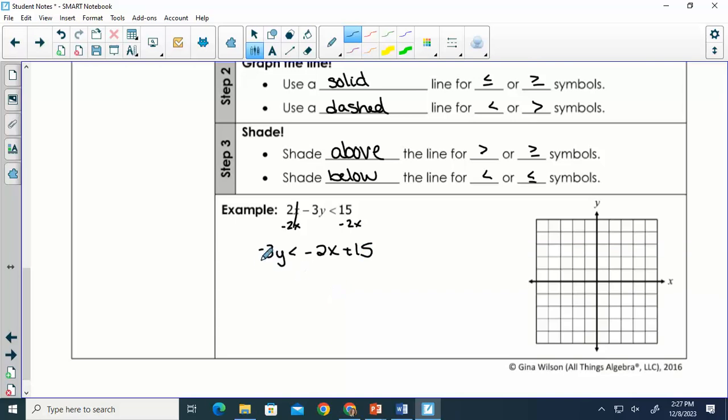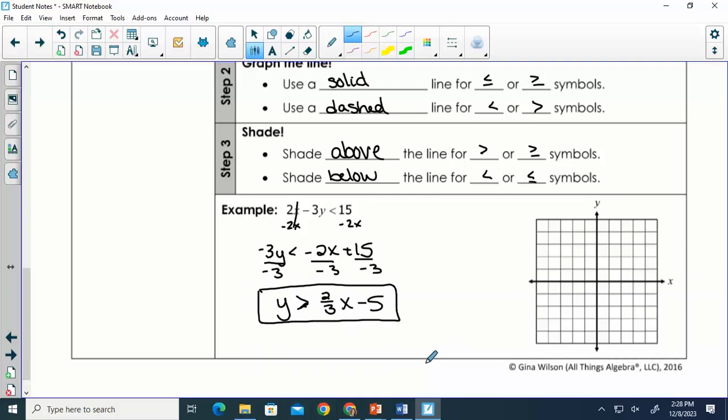Then what? And because it's an inequality, if we divide by a negative, flip the sign. So we get y is greater than 2/3 x minus 5. This is what we have to graph.